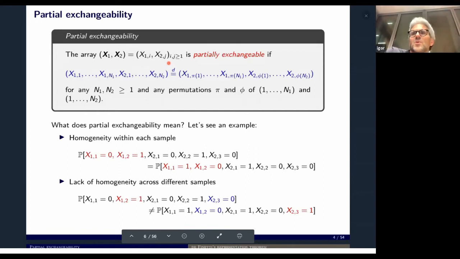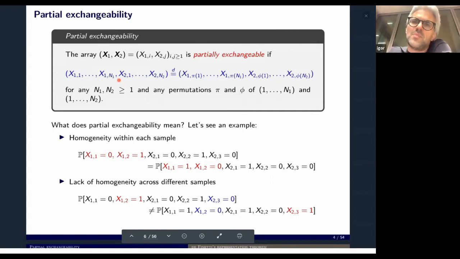And then you suppose that the distribution is invariant with respect to permutations within each of the two samples. Here, for simplicity and in the whole slides, I focus on the case of just two populations, or two samples from two populations. And so you have exchangeability within each of them. So the distribution is invariant with respect to a permutation within each of the two samples. But you don't have exchangeability across.